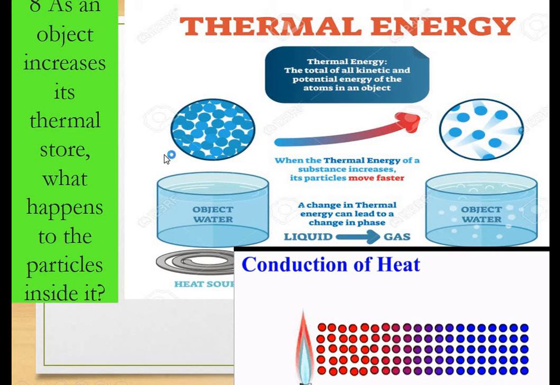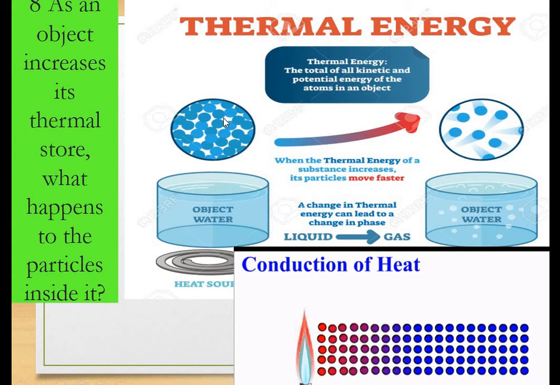Question 8. As an object increases its thermal energy store, what happens to the particles? So let's look at a flame and a rod. As this energy increases, what happens to the particles? You can obviously see that they start to vibrate and there are more collisions.